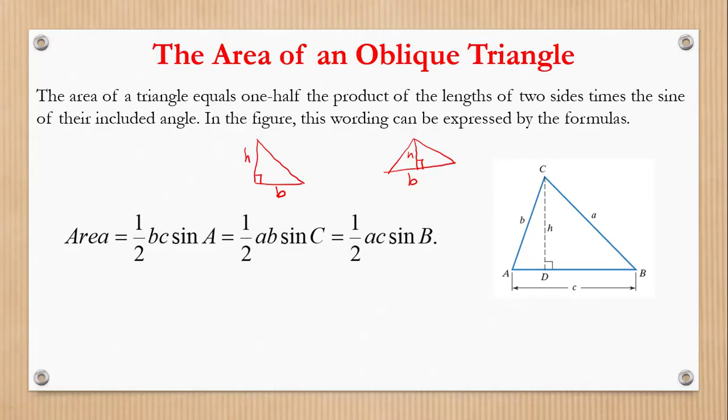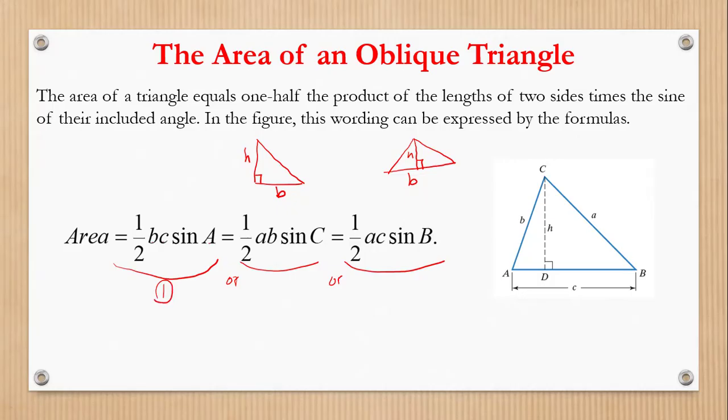The area can be found with one of these formulas. You can use this formula or this one or this one, not all of them at the same time, based on which information is given to me. If I have side B and side C and angle A, I'm going to use this first formula.